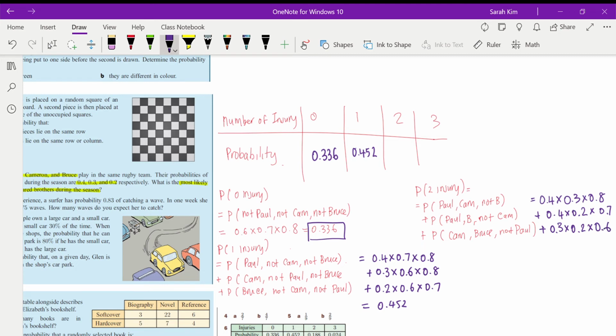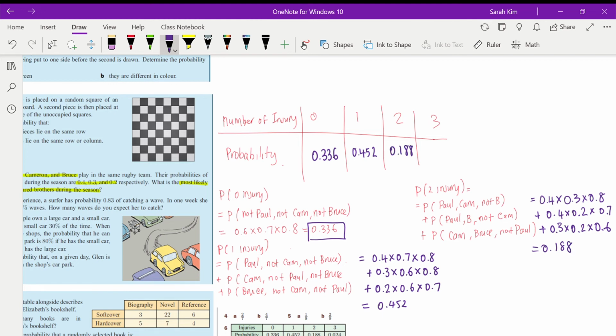Let's see what that gives us. So I get 0.188.